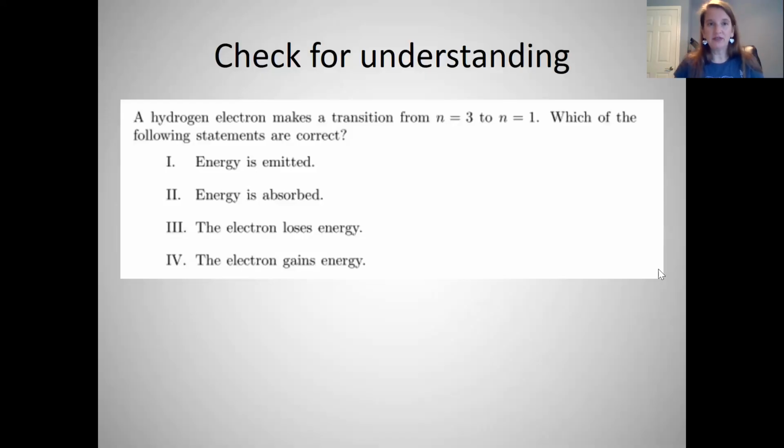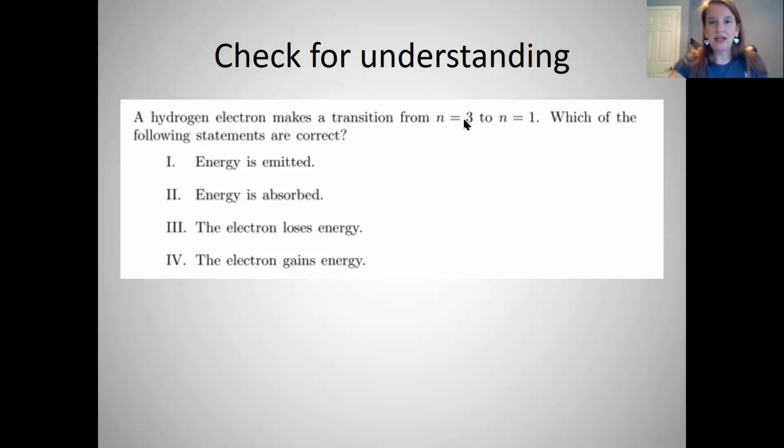Okay, so let's check for understanding. A hydrogen electron makes a transition from n equals 3 to n equals 1. N represents an energy level, so it's going from energy level 3 to energy level 1. Which of the following statements is correct? Remember, a higher energy level means we're further from the nucleus, so there has to be more energy associated with a higher energy level.